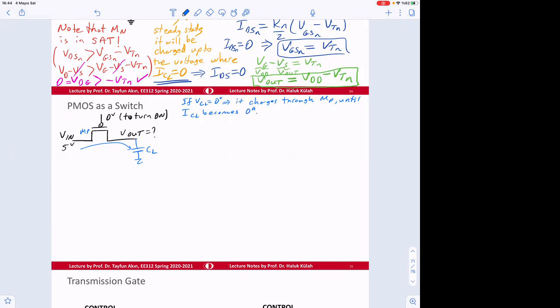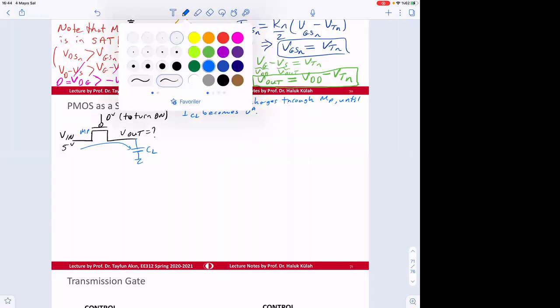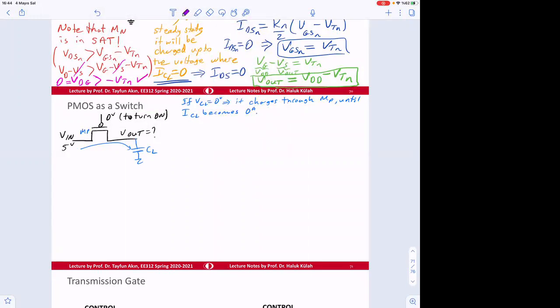Here we can determine the drain and source of the transistor. Since the current is in this direction, we call this thing source, this is drain, and this is the gate.